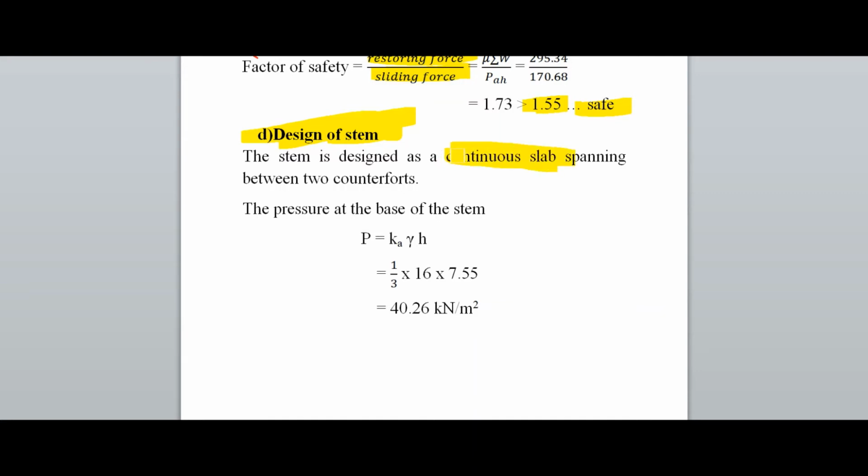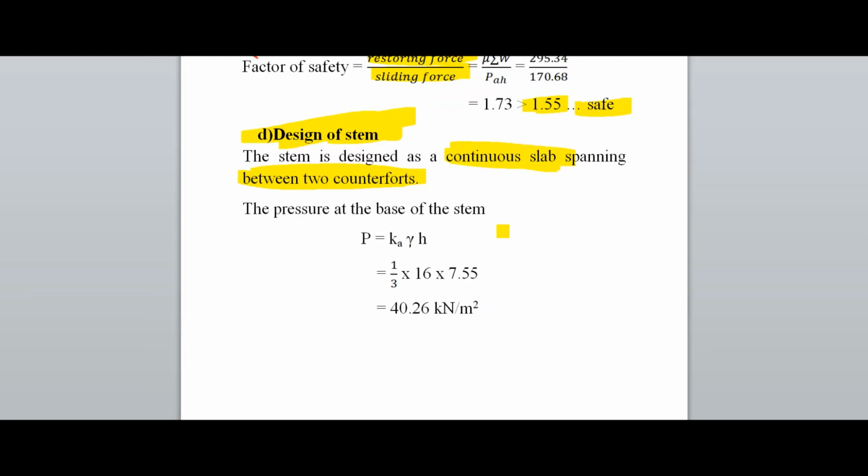Why? There is a change in the design. The stem is designed as a continuous slab spanning between two counterforts. Imagine, in the cantilever retaining wall we design the stem as a slab only. But in the counterfort design, the stem is designed as a continuous slab.